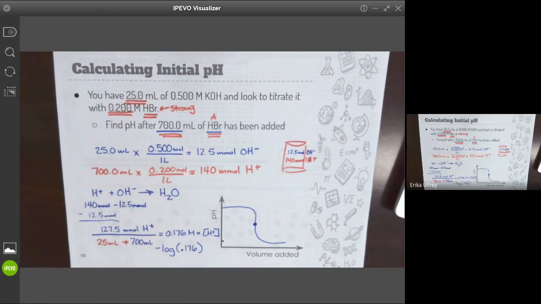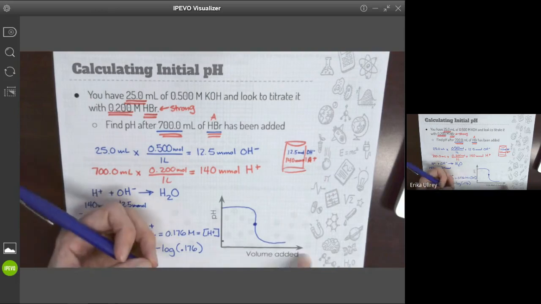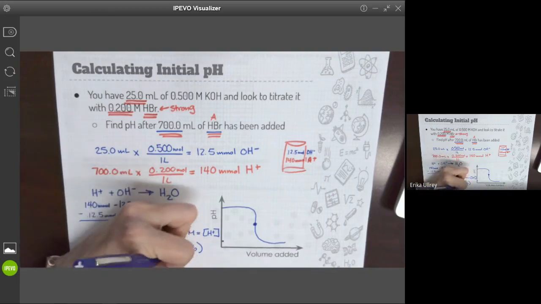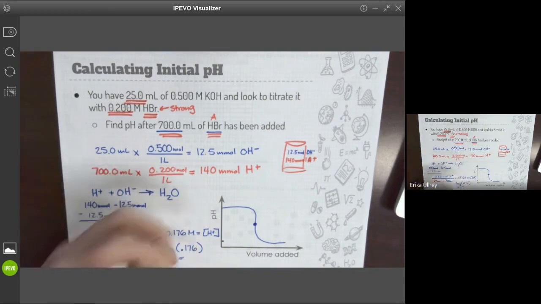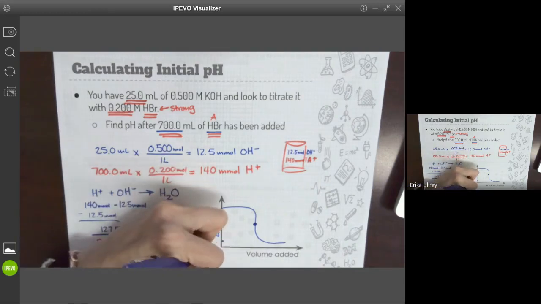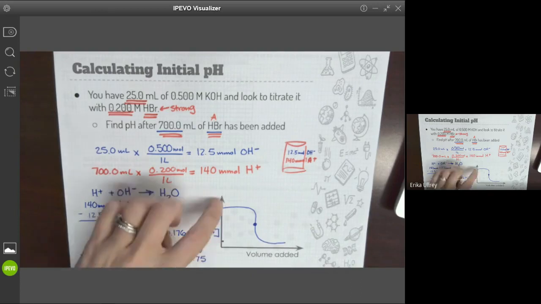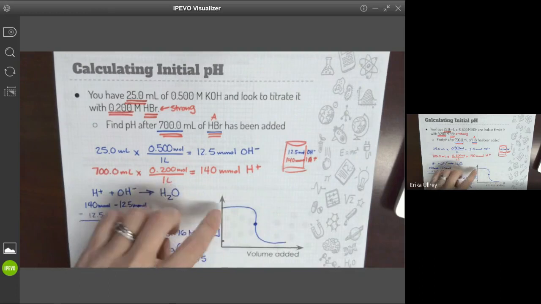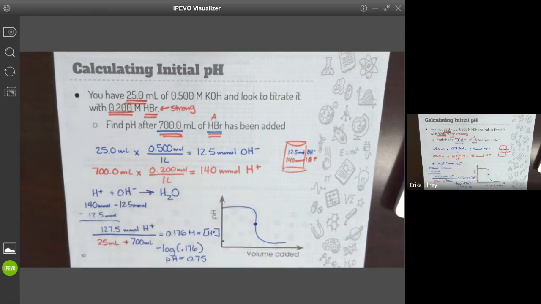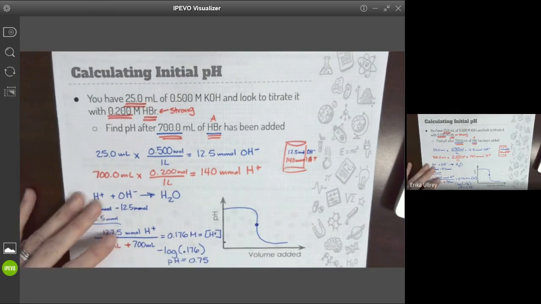Okay, so I'll take the negative log of my answer, and I get a pH that's really low. That pH is going to equal 0.75. And that makes sense because we had a whole bunch of extra acid left over in there. And so this would explain the shape of the curve when we're titrating a base with an acid. Good. Any questions on these?